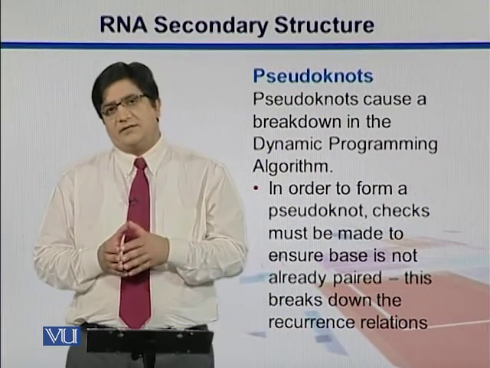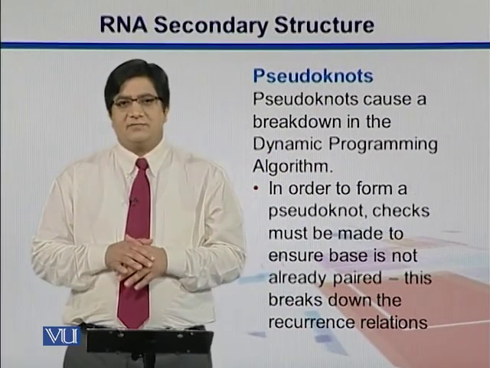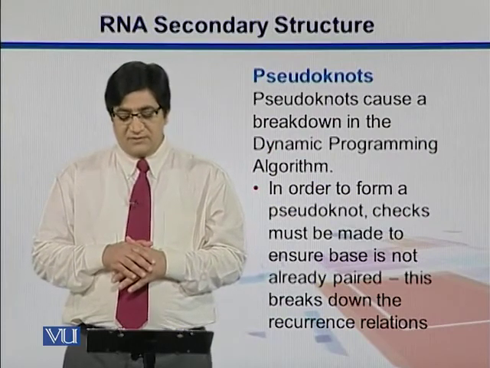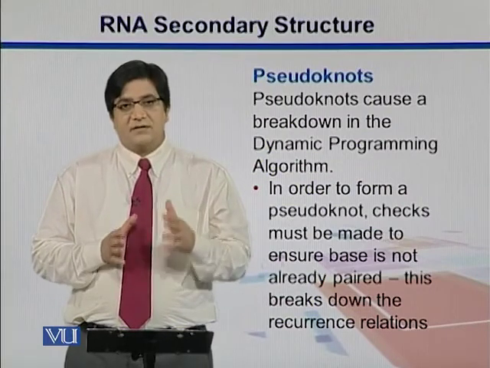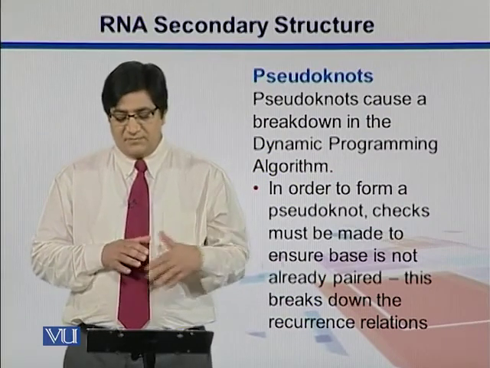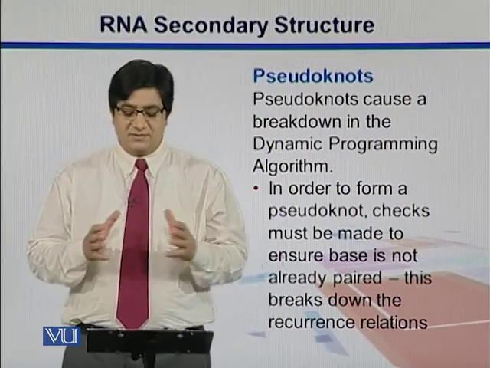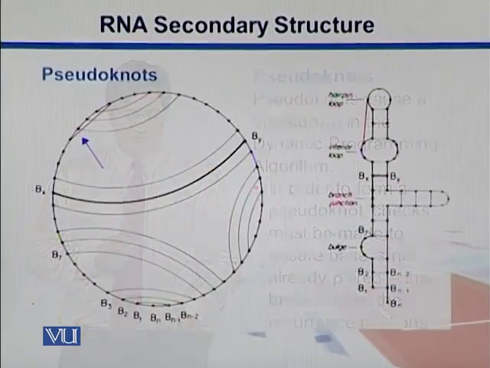And as I said earlier, that is actually a good test of the reliability of the algorithms to predict these pseudoknots. One more thing that must be checked is that the base is not already paired. If it's already part of a pair, this might break down the recurrence relationship. So these pseudoknots have always been issues for these algorithms.